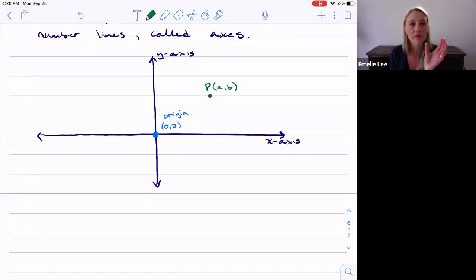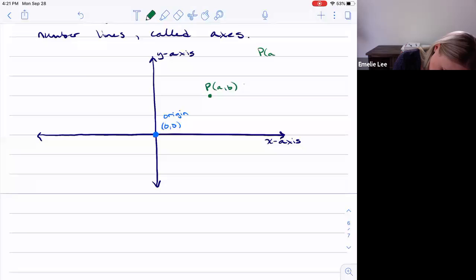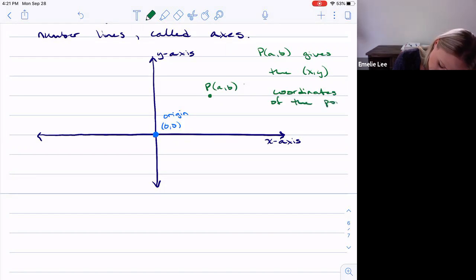We have the name of the point first, usually a capital letter, and then followed by the coordinates. So P(A, B) gives the x, y coordinates of the point P, capital P.